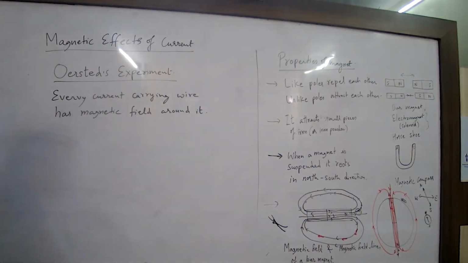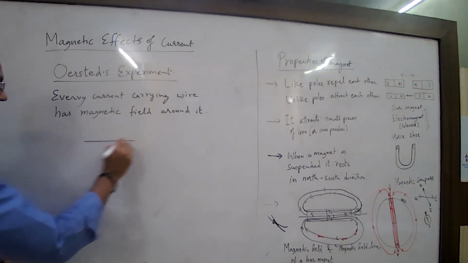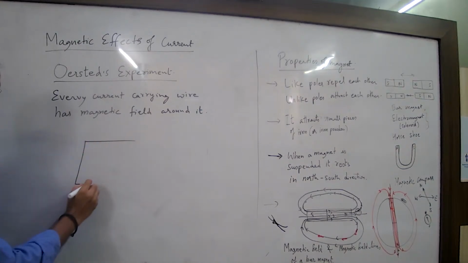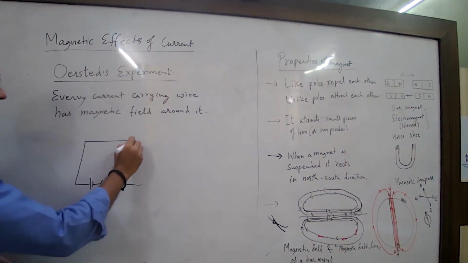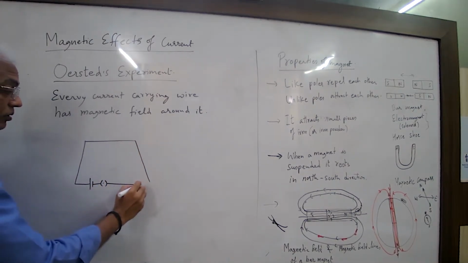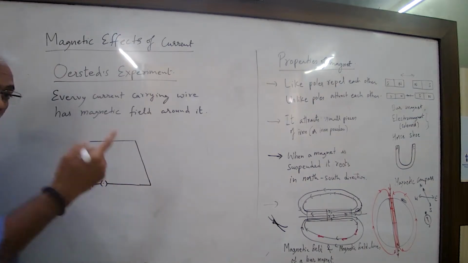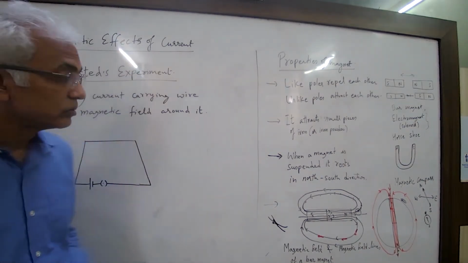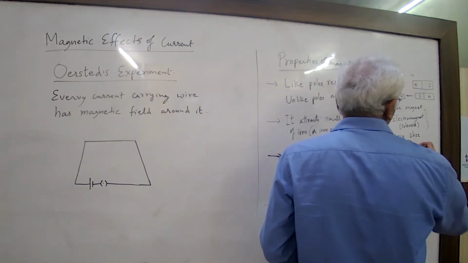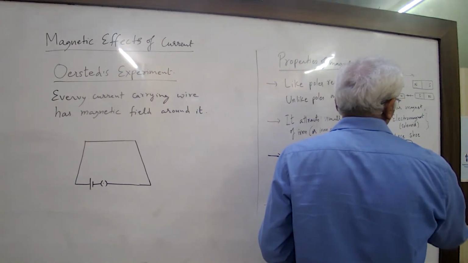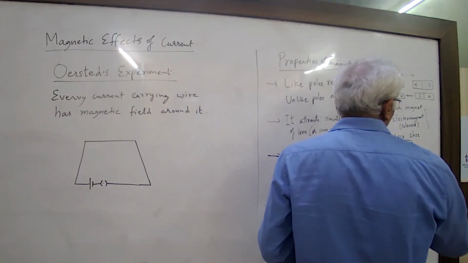So let us draw a circuit. What would the magnetic field of a bar magnet look like? It will go from north to south. Like this.